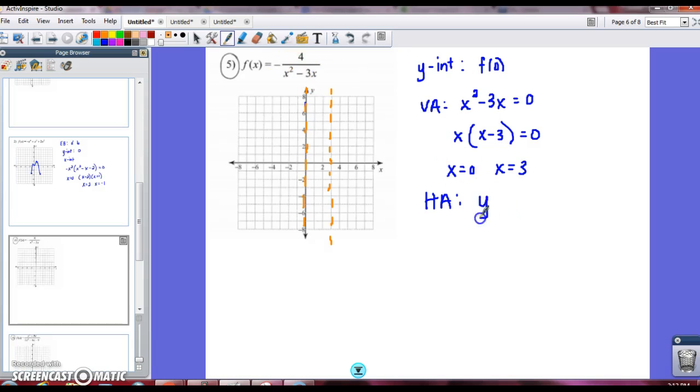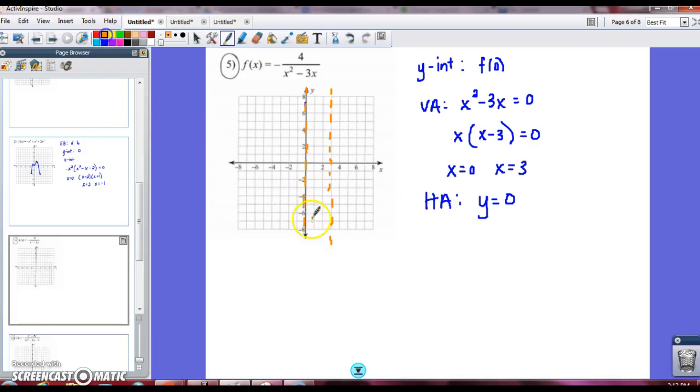So you have a horizontal asymptote at 0. If they're the same degree, remember that you just take the coefficients of the top and the bottom. If the numerator has a higher degree than the denominator, there is no horizontal asymptote unless it's only 1 degree higher, then you have a slant. Okay, so those are the different circumstances you have with horizontal.